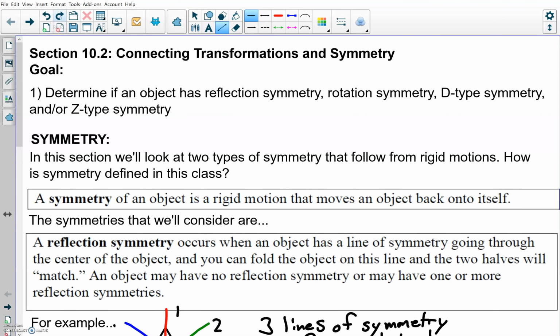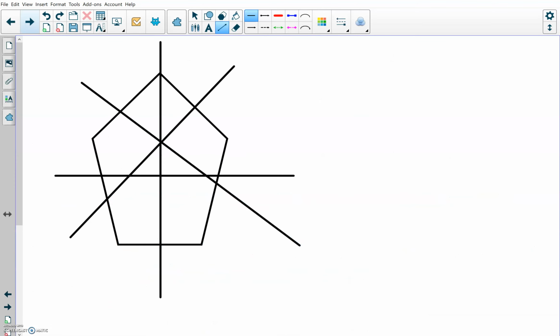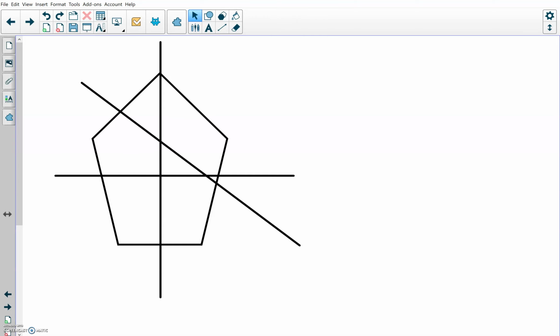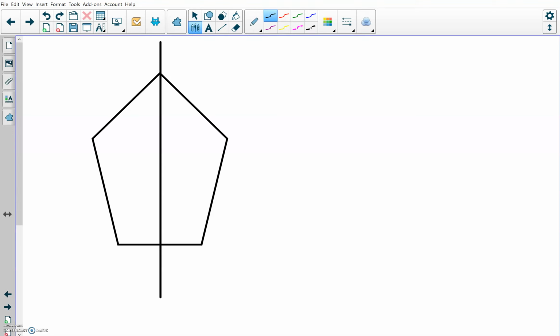Oops. Let's go back over here. None of those are going to give you a folding thing, where you end up with the match. So I'm trying to delete this, but it's being very crazy for me today. So there's only the one line of reflection symmetry, and that would be one rotation symmetry.